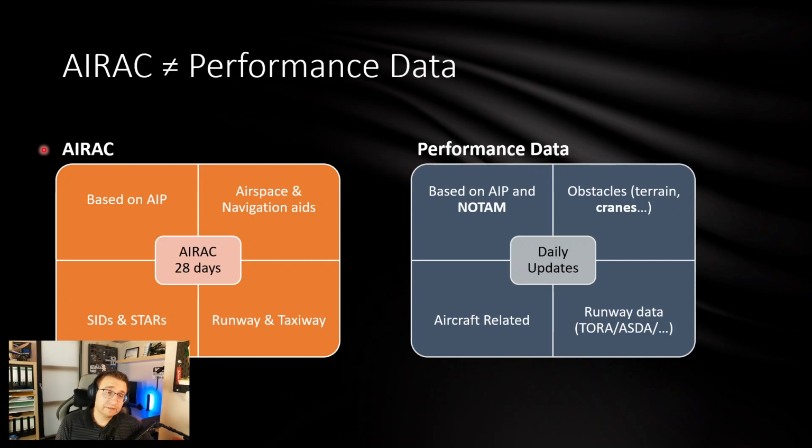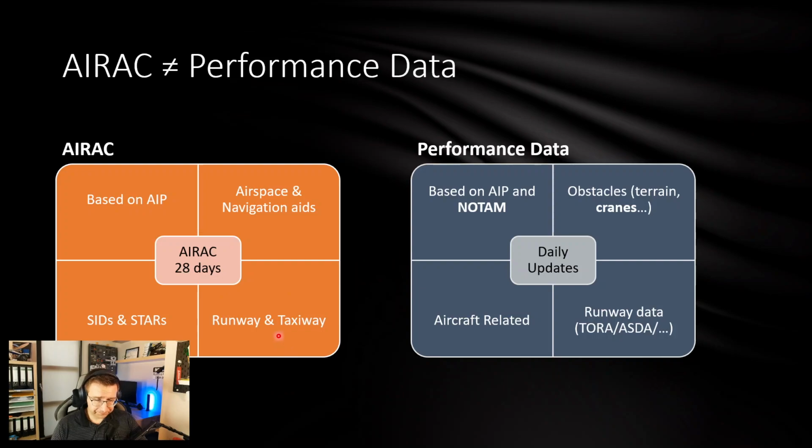Of course, there is some information regarding runways and taxiways. So if there's a new runway, identification change, or new length, that will be included in the ERAC. And the ERAC will also update the SIDs and STARs. But as you can see, there's not much about it that is very relevant to performance except the runway and taxiway part.